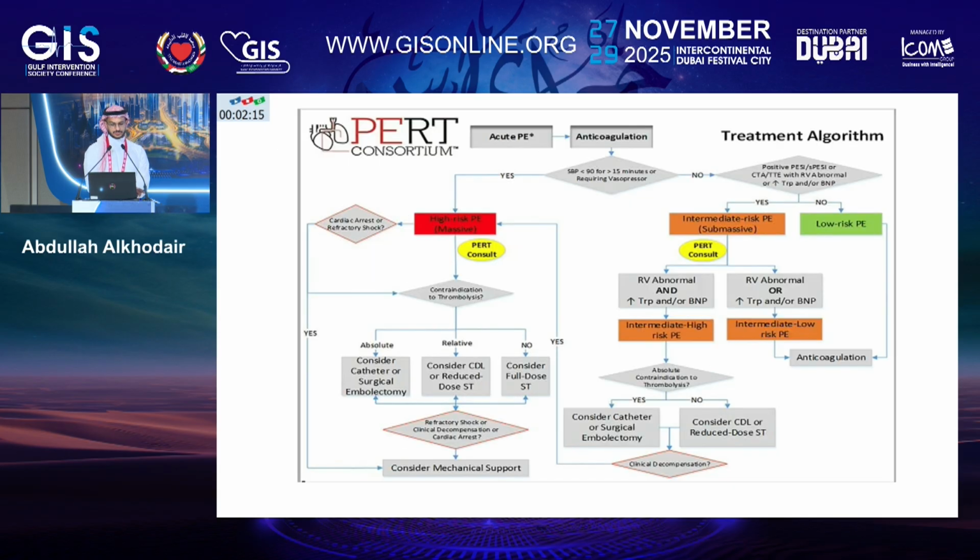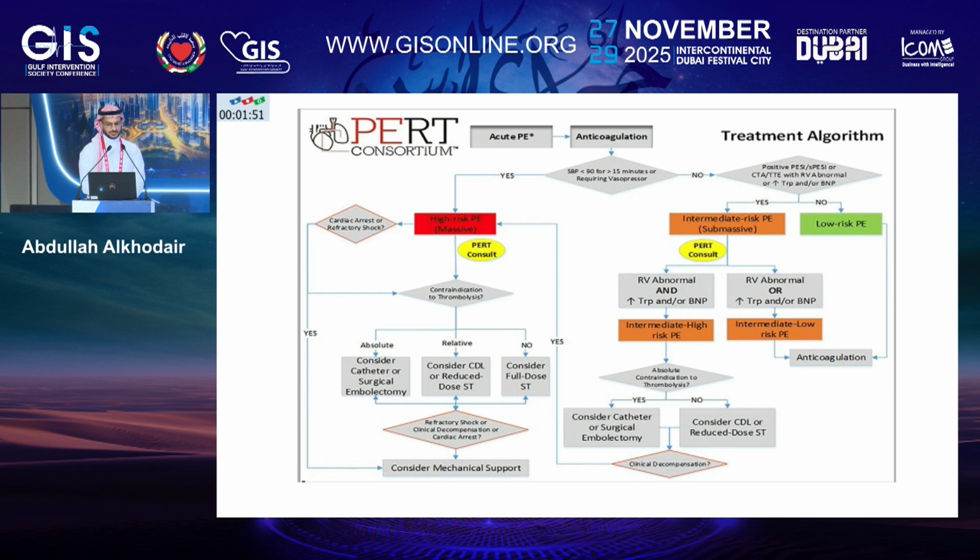There are multiple different algorithms to streamline this process. And I think the message here should be, you should adopt whatever algorithm fits your hospital and the infrastructure that you have. But this is a common one where we can see that once acute PE is identified, anticoagulation should be started immediately.